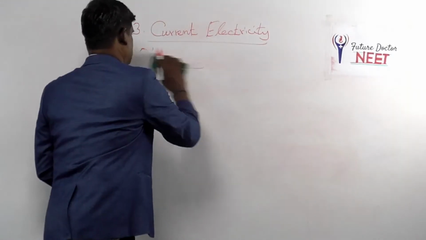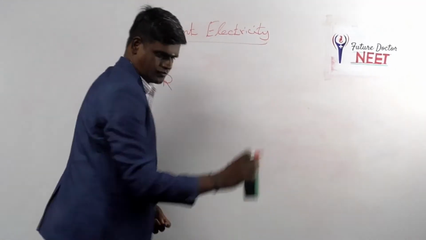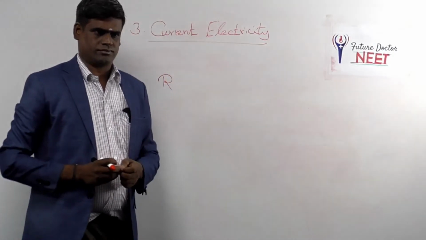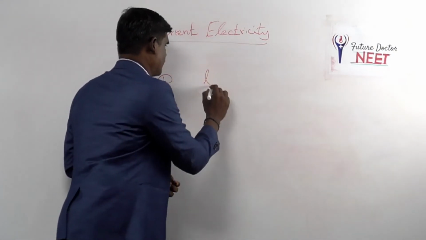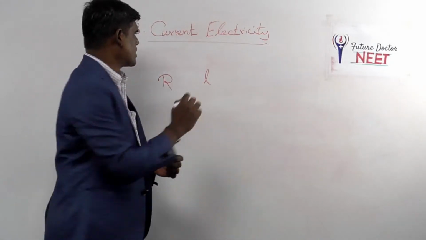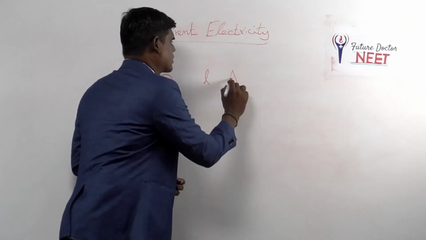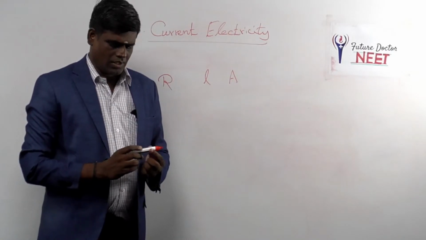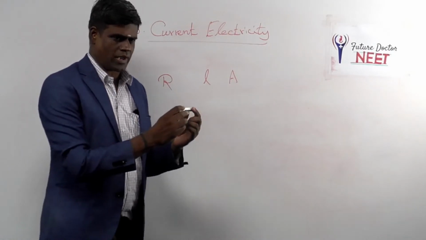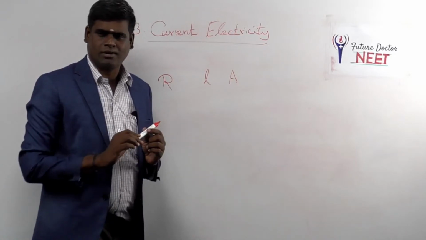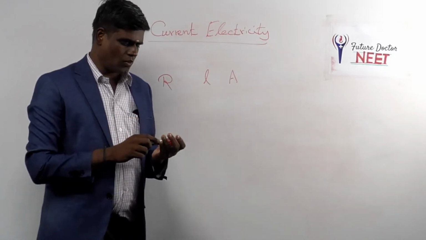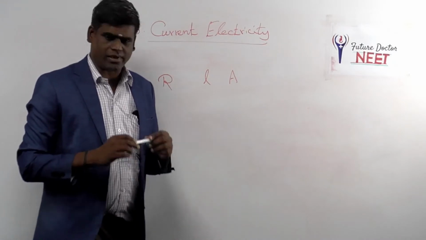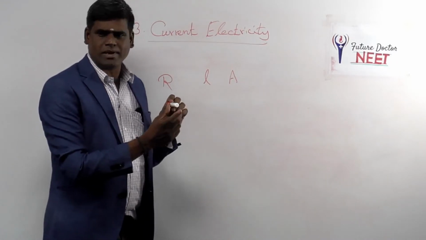It's not from Ohm's law. Resistance depends upon the length of the wire, L. And resistance depends upon the area of cross section of the wire, its thickness. Suppose there is a wire. What is the shape of a normal wire? Yes, cylindrical shape, good. Its area of cross section will be circular.